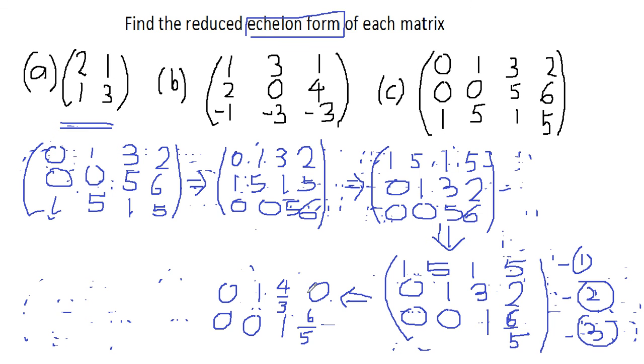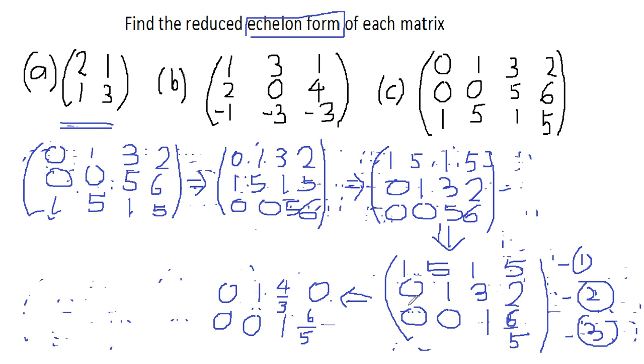And now for this, you want to eliminate also the third and fourth variables in the first row. So we have to make this a 5. So it's minus 25 over 6 times row 3 added to row 1.